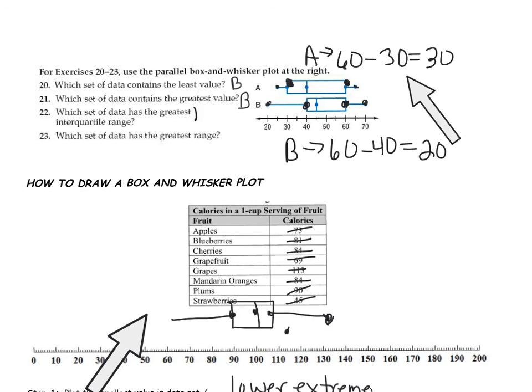So A has the greatest interquartile range. For which set of data has the greatest range, I already know that B has the largest value and the smallest value, so 70 minus 20, or 50, will be the greatest. A looks like it's at about 65 and about 25, and 65 minus 25 would only be 40.